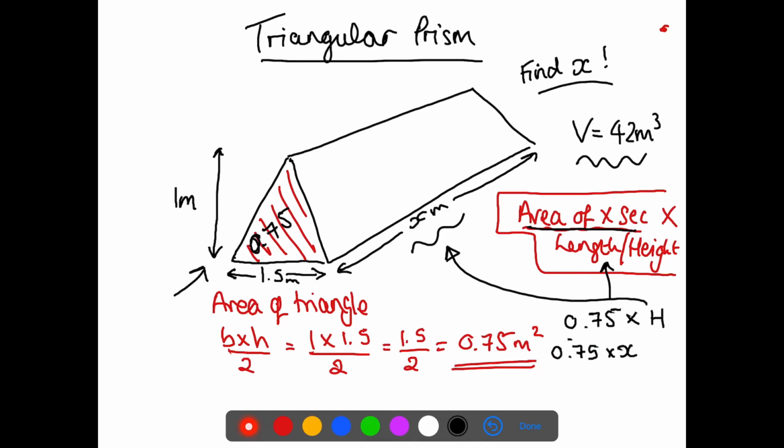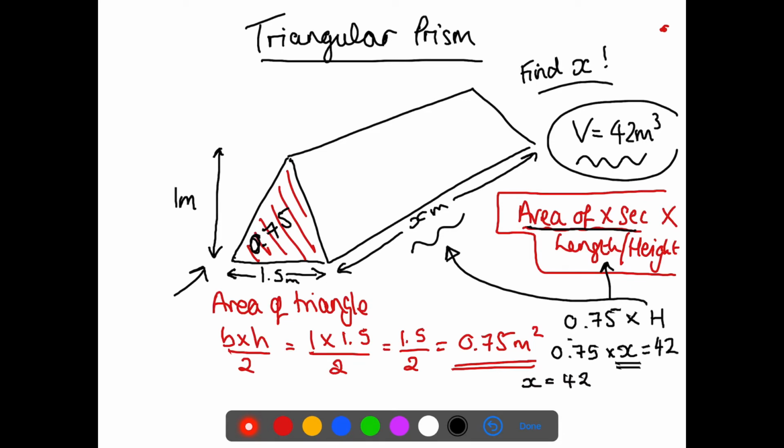So I can say 0.75 times x equals, and it tells us the volume just here, 42. So in order to find out what this length is, we need to know that 0.75 times something equals 42.